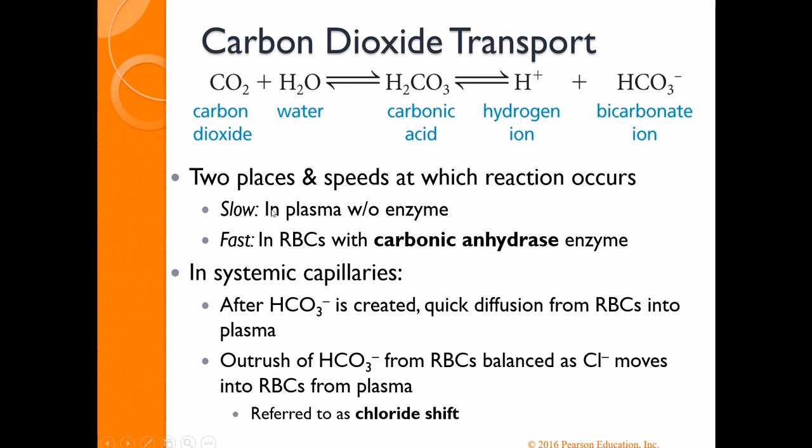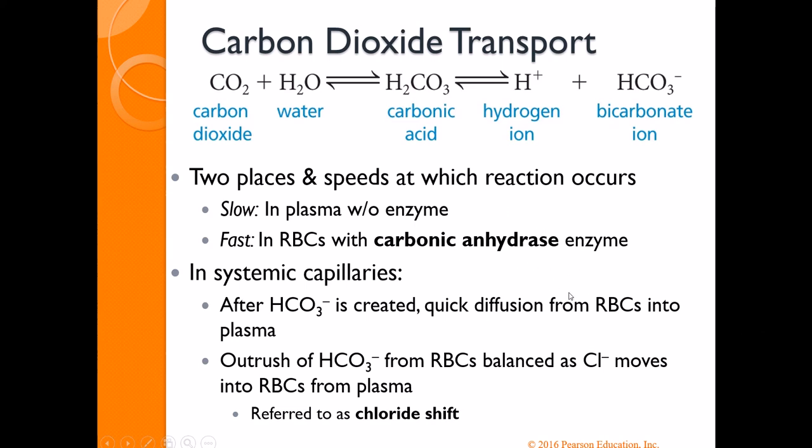So turning CO2 into bicarbonate, both of these will occur, both the slow reaction and the fast reaction. The slow reaction occurs directly in the plasma. That's the only step. The fast reaction with the enzyme has a couple of little steps to it.